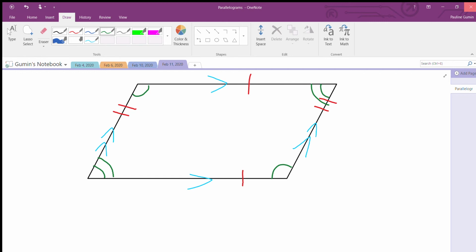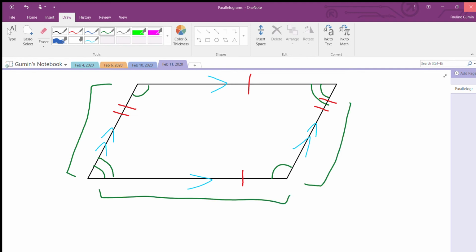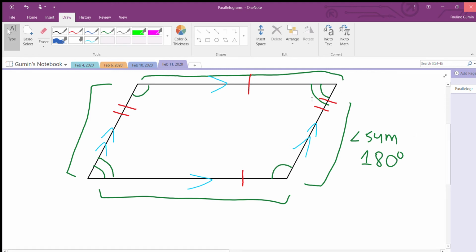The measure of two consecutive angles, I'm going to try to draw this side. So, angle sum 180. I'm going to try and see if this trick works.